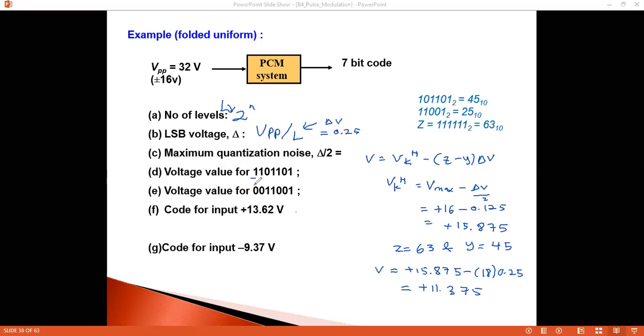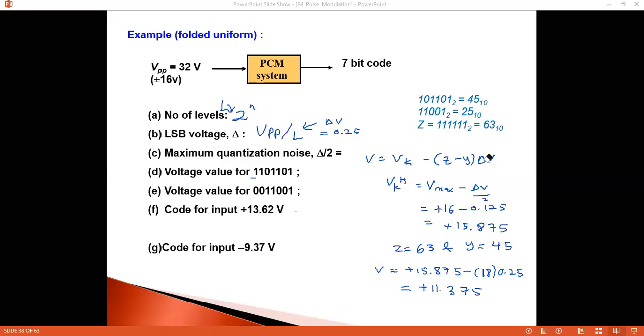For the second, 0011001, since the MSB is 0, we start with VKL.